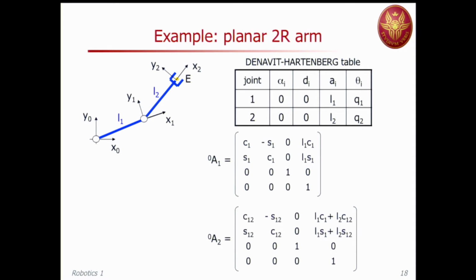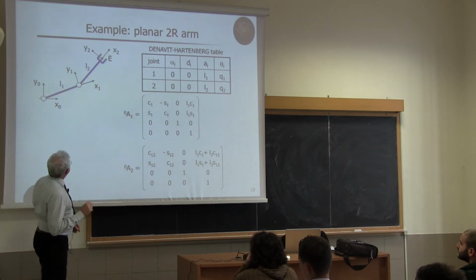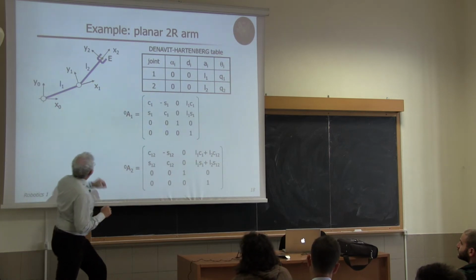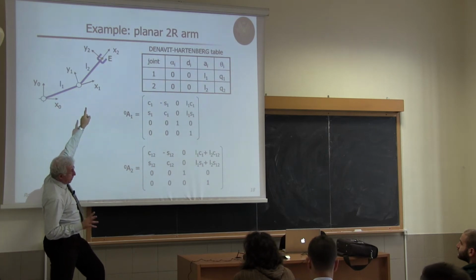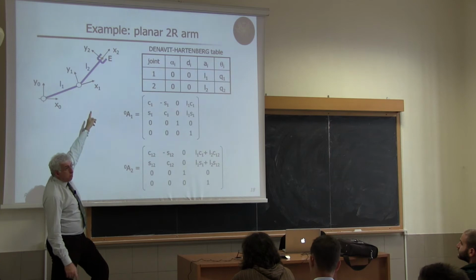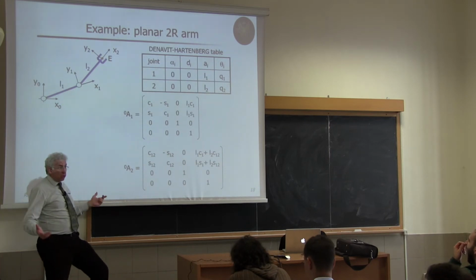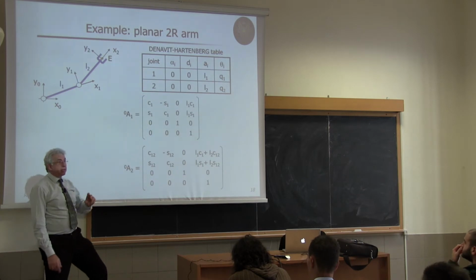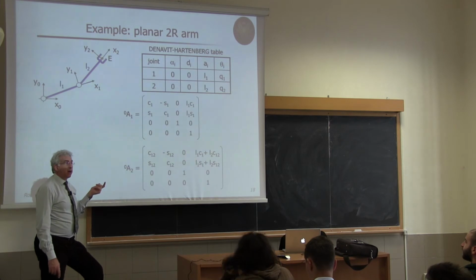So you build the Denavit-Hartenberg table, you compute the DH transformation matrices, so 4 by 4 matrices, and now you're interested in the geometric Jacobian that gives you the 3 components of the linear velocity of the origin of frame 2, which is the end effector, and the 3 components of the angular velocity of this frame.